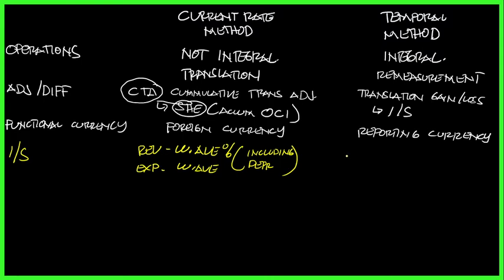Okay, so, ayan. Now, for the temporal method in your income statement, medyo kakaiba siya. Because we are going to first identify your monetary and non-monetary items. For monetary items, in your revenue, if this is a monetary item, we use the weighted average rate.